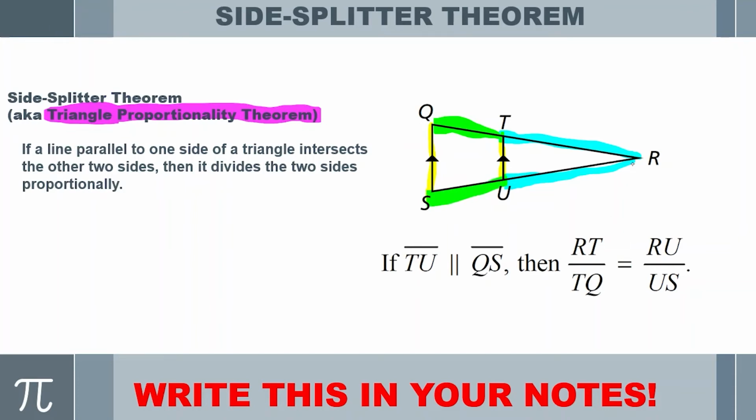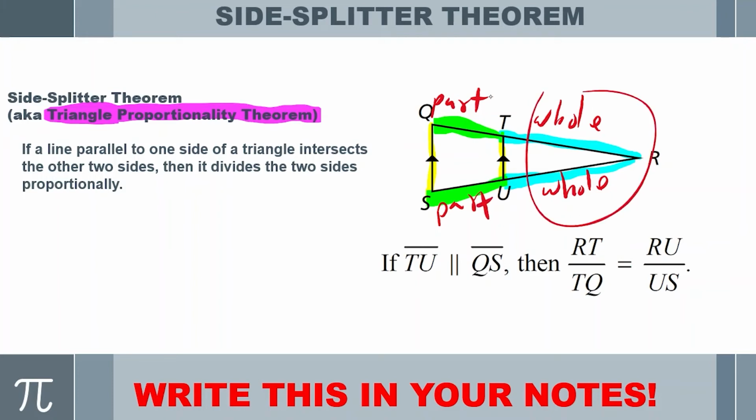And so what this says is RT is to TQ, this whole length is to this part length, as RU, this whole length, is to that part length. Now you can make any kind of comparison. You can go whole to whole is part to part. You can write that proportion. Or you could say part to whole is equal to part to whole. Okay, so let me show you some of those proportions you can write in this next slide.